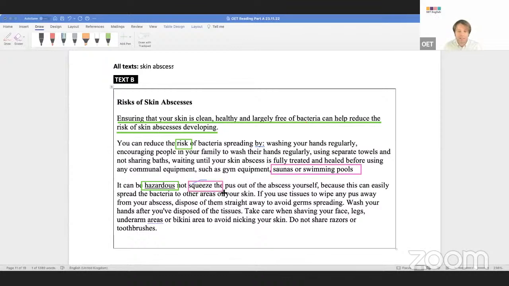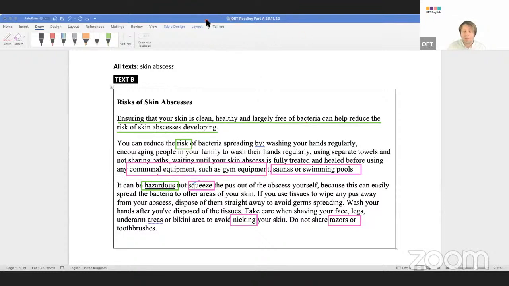Yeah, squeeze. Common equipment. Razor, towel, toothbrush. Yeah, razors. Okay, obviously we're guessing here, but probably they'll ask us questions about swimming pools and about gyms even, right? It's very possible they will ask us questions about these things.